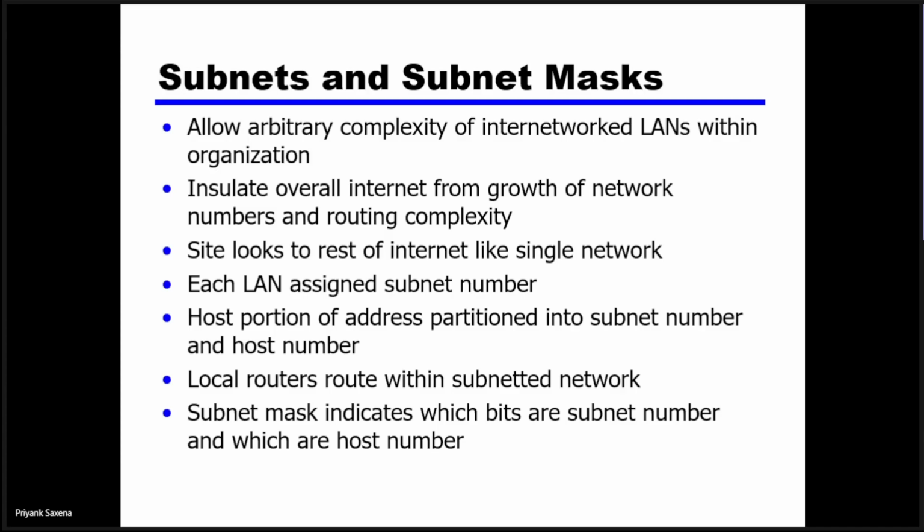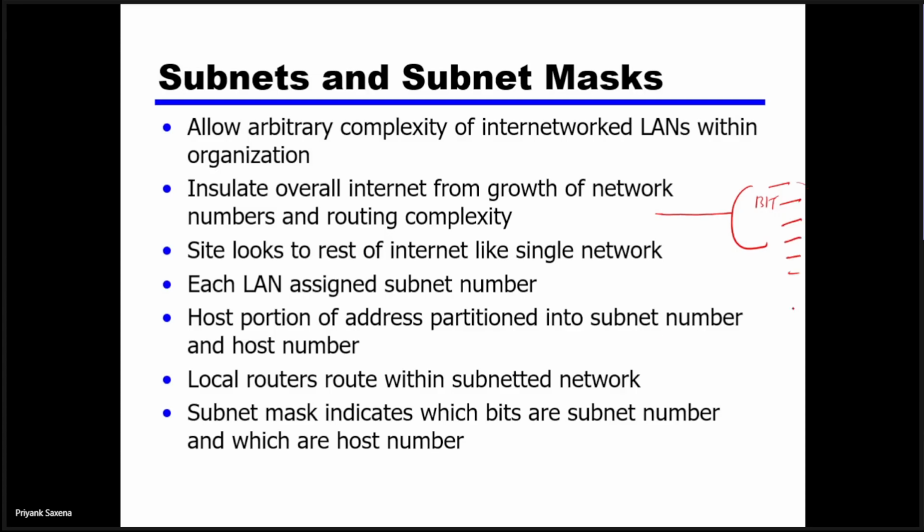Like in BIT, as a large organization, rather than having multiple LANs, suppose this is BIT. From the outside point of view, this is only a single network, but in BIT we have multiple networks.